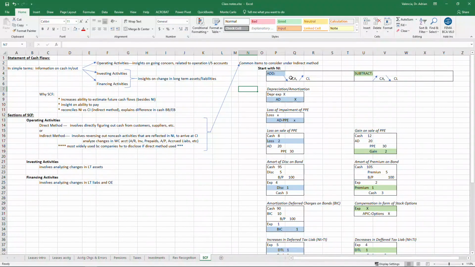But for current assets, any decreases in current assets would be added back. So for example, if accounts receivable were to go down for a particular period, you can think of that as you having received more collections than sales on account. And because of that, net income is only reflecting the sales on account.